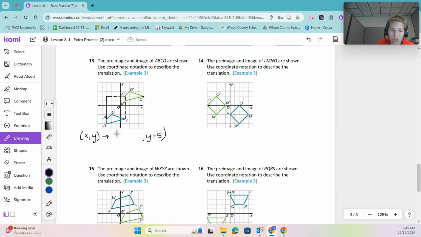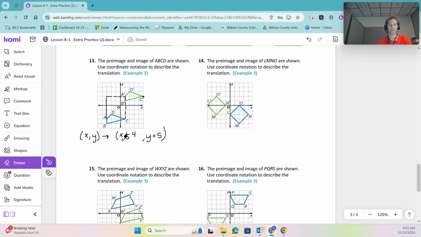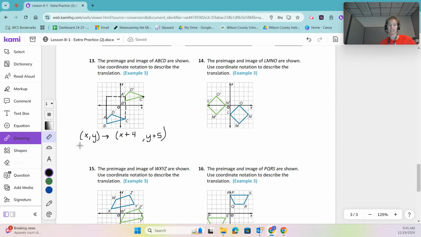So we are increasing both the x and the y value here: the x by 4 and the y by 5. So when it is asking for coordinate notation, this is what it's asking for. What's happening to the x value? It's increasing by 4. What's happening to the y value? It's increasing by 5.